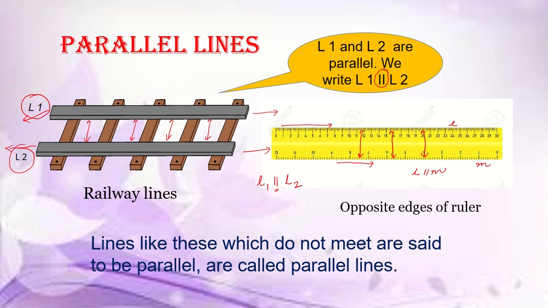So what is the definition of parallel lines? Lines which do not meet are said to be parallel. Do not meet means they are not intersecting at a common point.